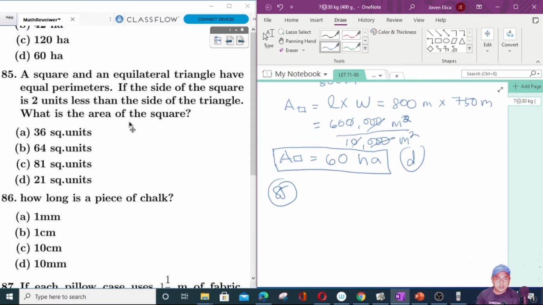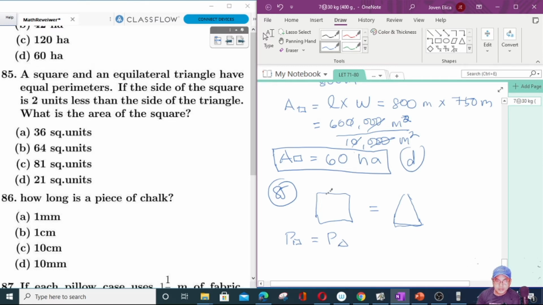The given are a square and an equilateral triangle, which has equal sides. Equal perimeter means the perimeter of the square is equal to the perimeter of the equilateral triangle.